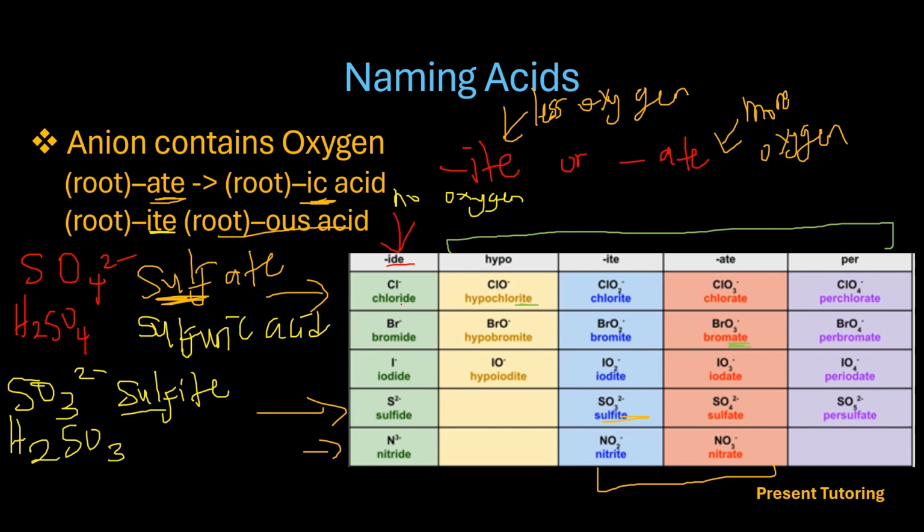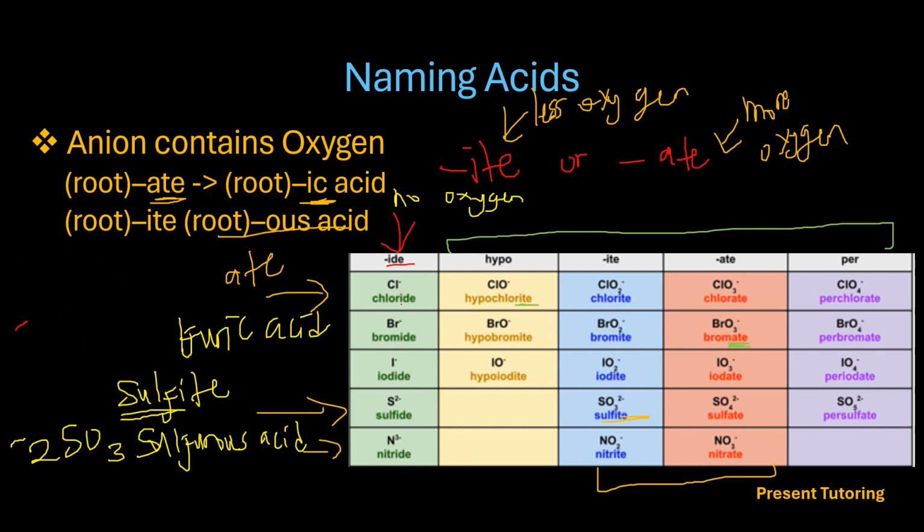The root of the anion is still going to be sulf, but it was an ite for the anion, so I'm going to change it to ous acid. So it's going to be sulfurous acid.